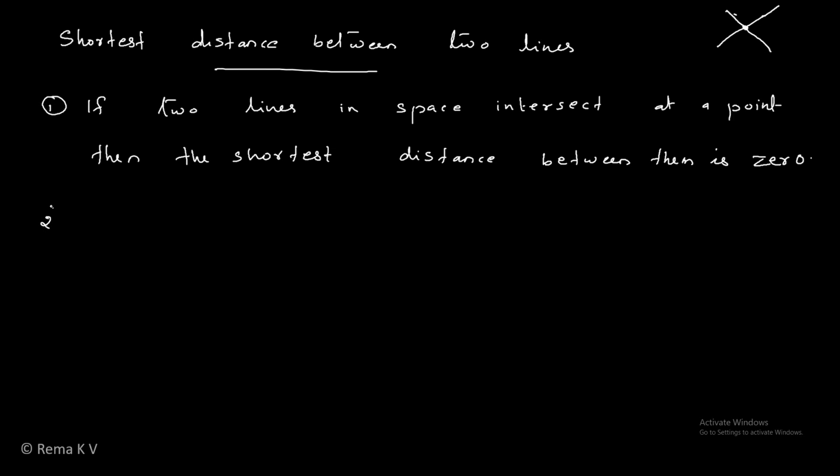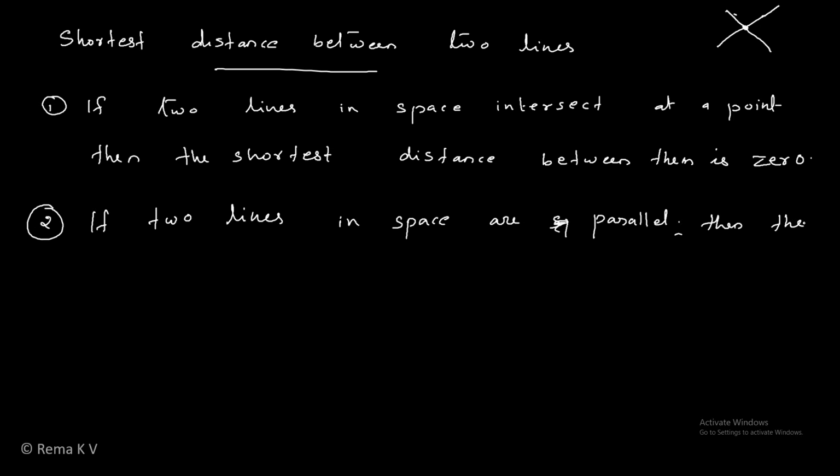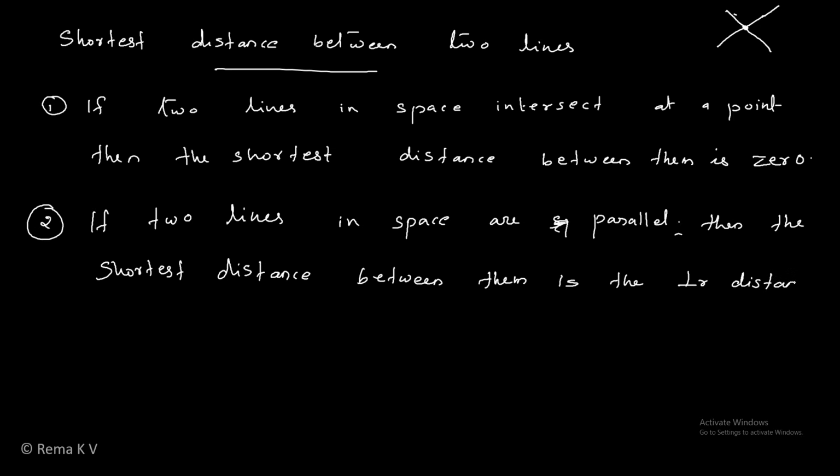Now the second one is, if two lines in space are parallel, then the shortest distance between them is the perpendicular distance between them.